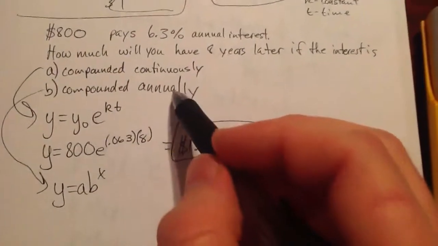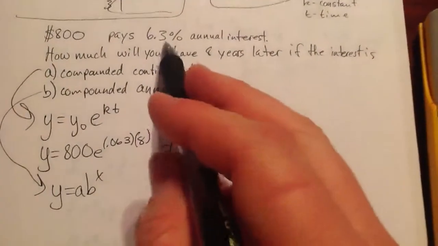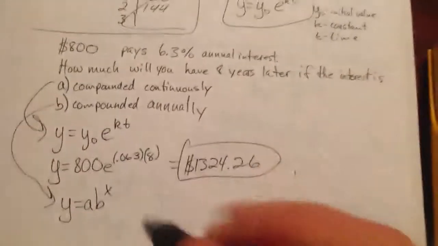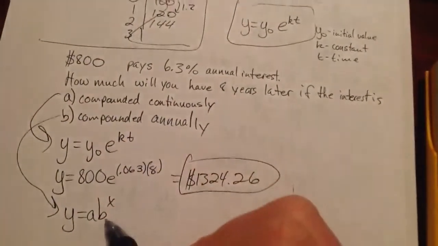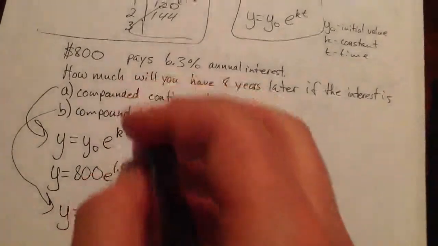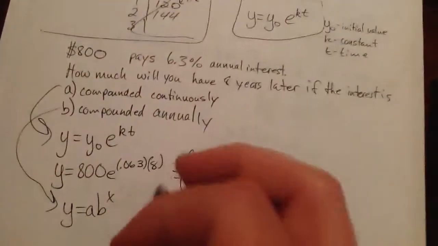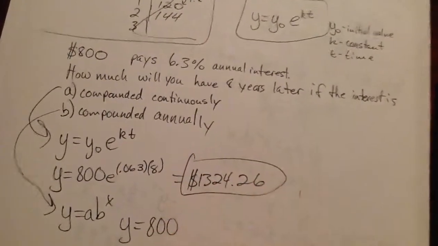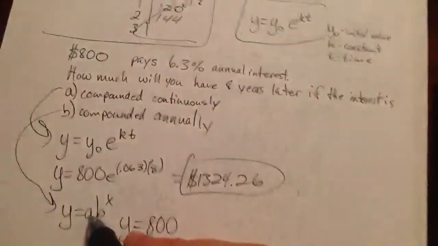Compounded annually, 8 years later. The thing was with annual interest, since we have 6.3% annual interest, oh, we're doing compounded annually, so that's easy. Initial value is 800.